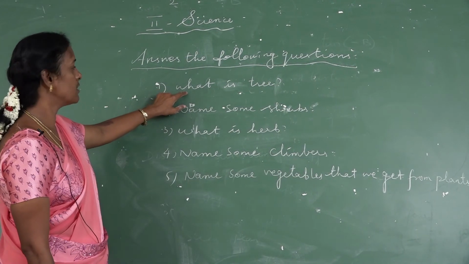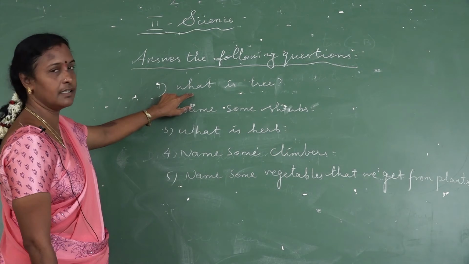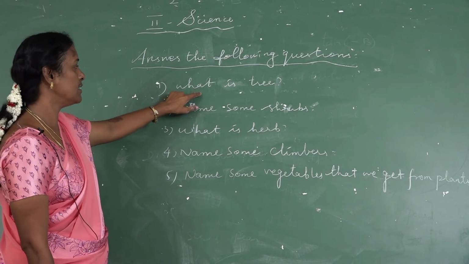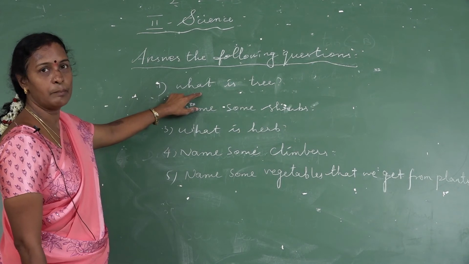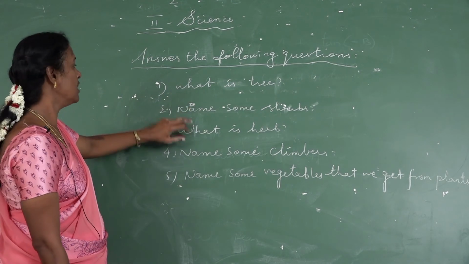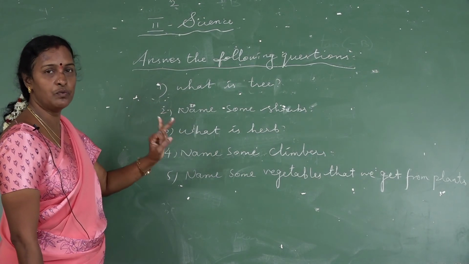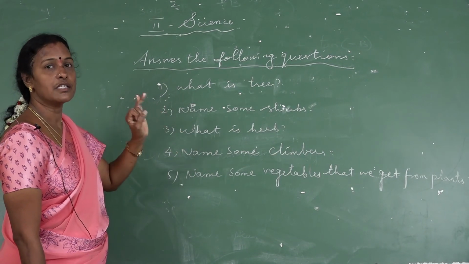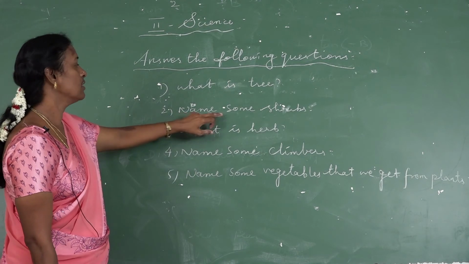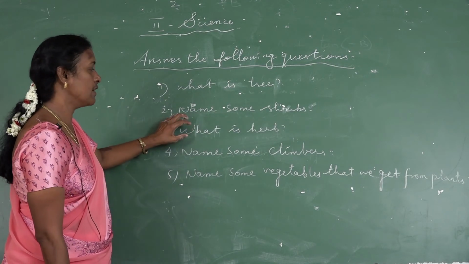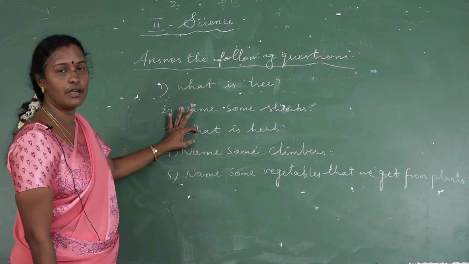First, what is a tree? A tree is a tall and big plant. Name some shrubs. Rose plant, shoe flower, jasmine. What is a herb?